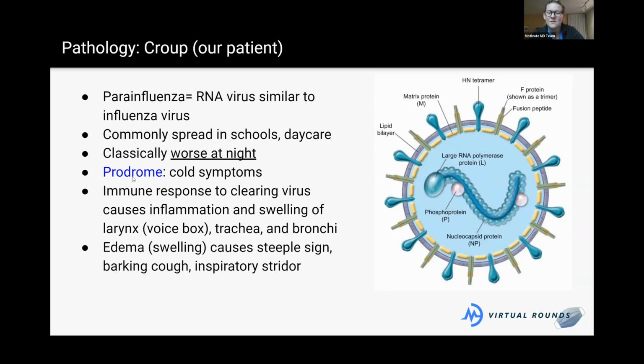There's also this thing called the prodrome. This is not specific to croup, but any viral illness can have something called a prodrome, which is like a pre-illness. I don't really know how else to explain it, but you have these additional symptoms that aren't present through the duration of your illness, that are there for a few days or a little while, and then go away.